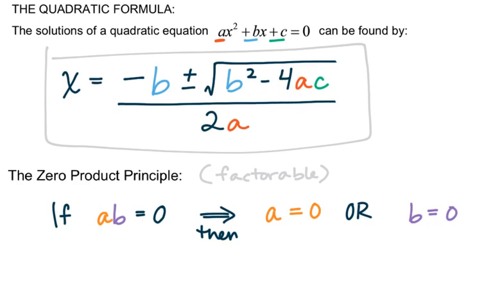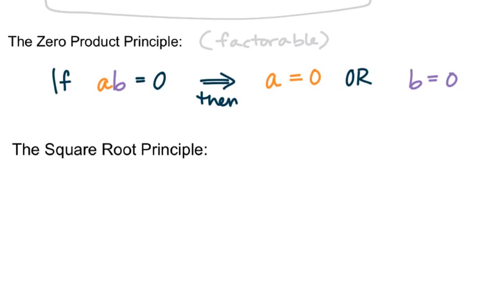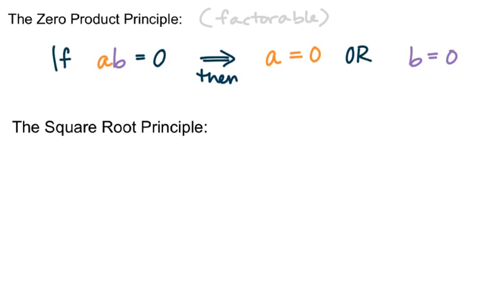All right, and then our third method would be the square root principle. The square root principle says if we are solving something and we use a square root, we have to put in a plus or minus. Rather, if we say x squared equals k, k can represent a constant.